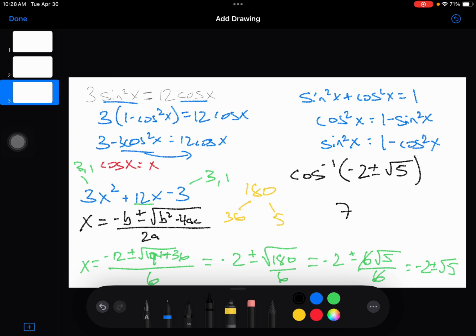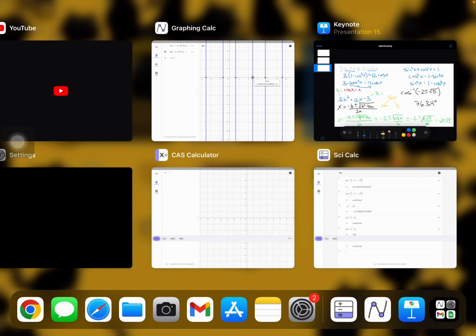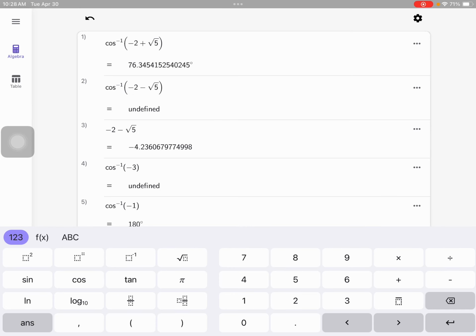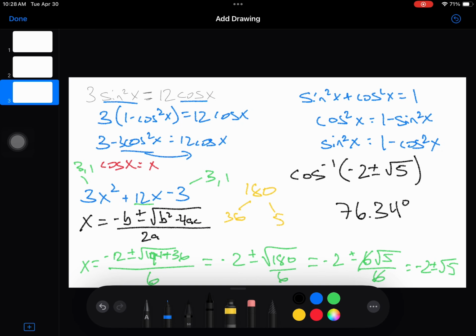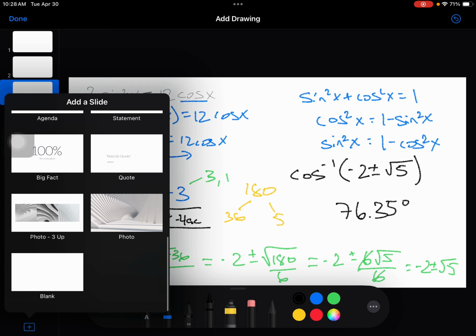So we got 76.34 degrees. And if we recall, 76.345, we'll call it 76.35. 76.35 degrees.